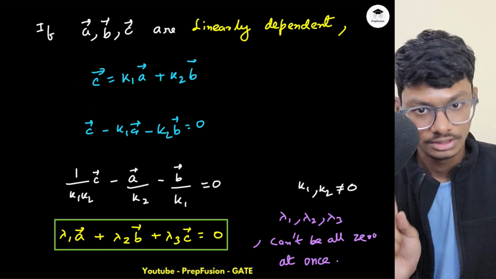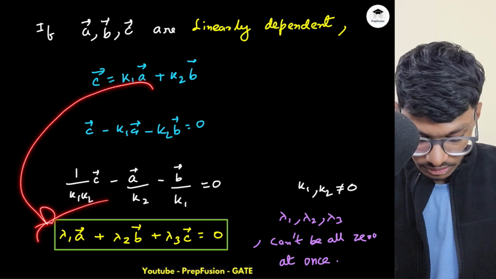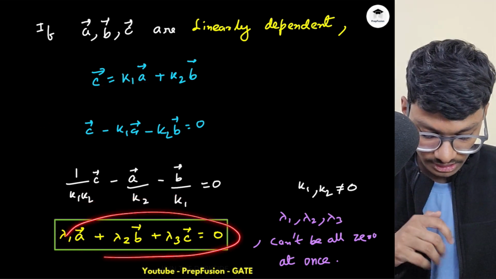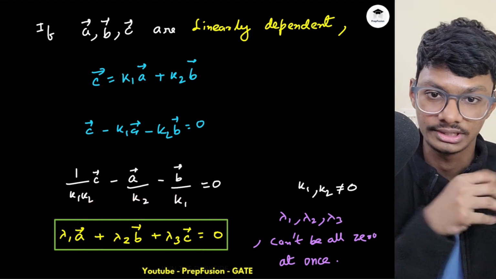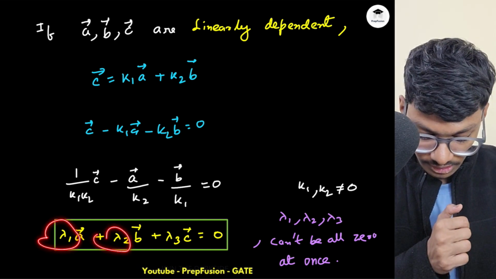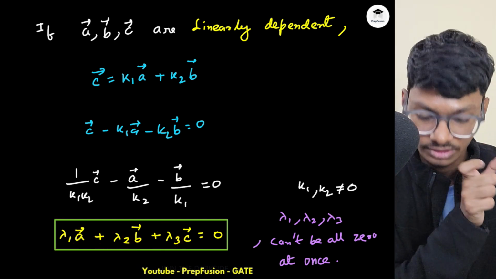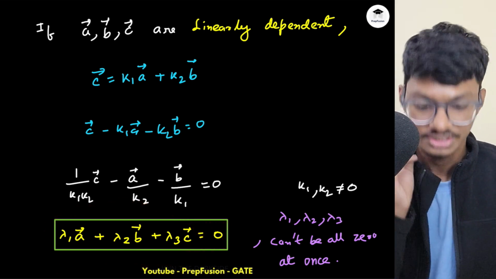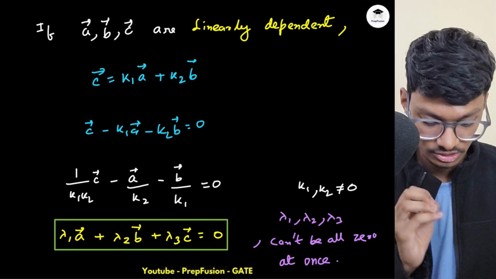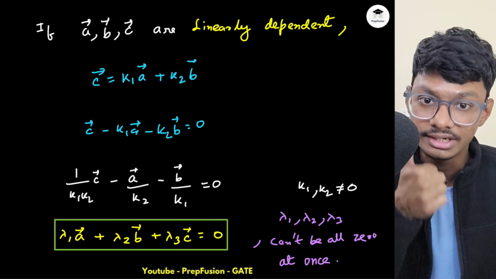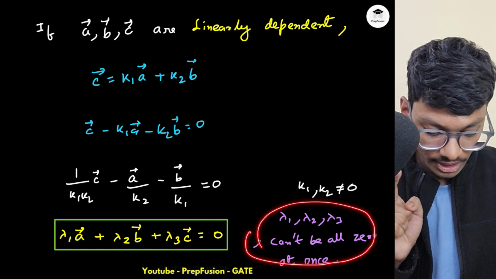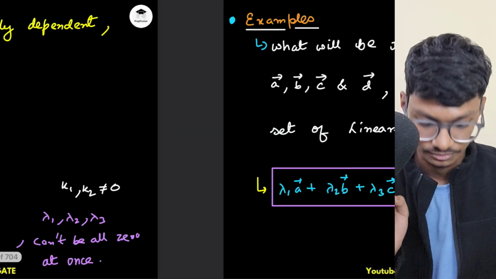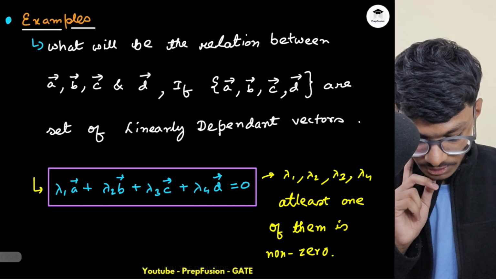Then I derived the final condition, which you see in books everywhere: if three vectors are linearly dependent, then linear multiples of them sum to zero. But lambda 1, lambda 2, lambda 3 can't all be zero simultaneously.